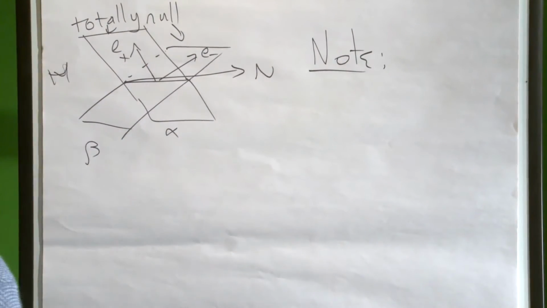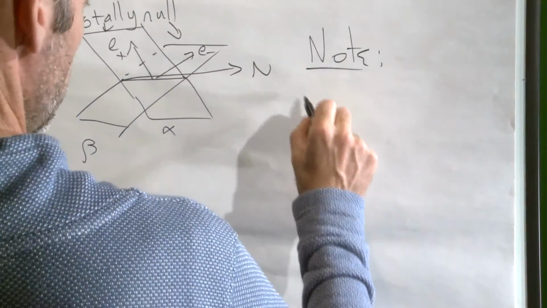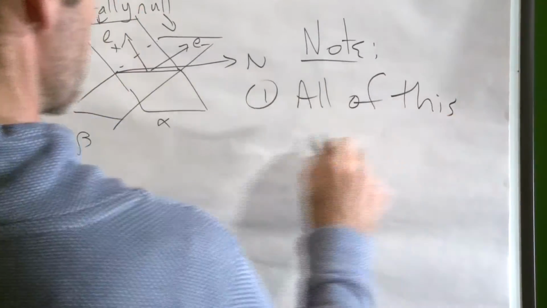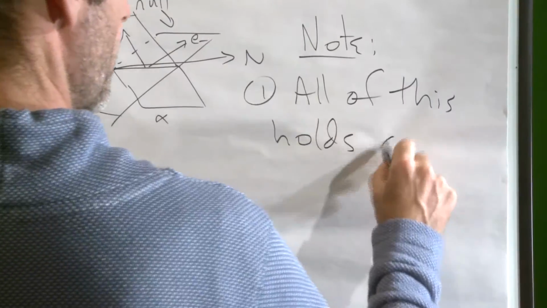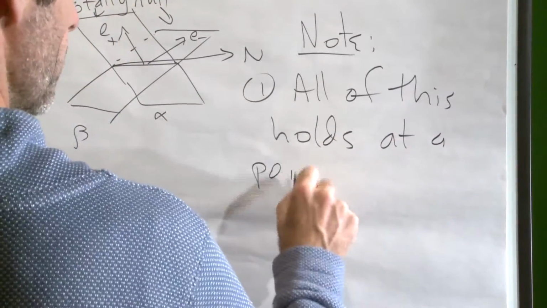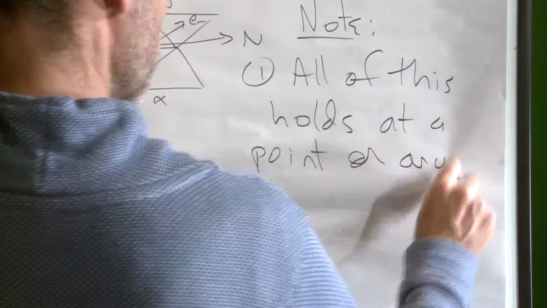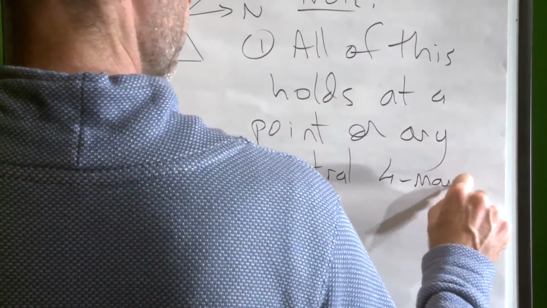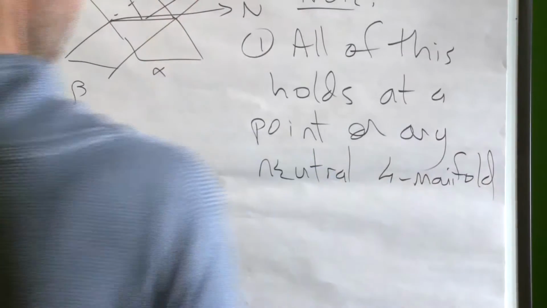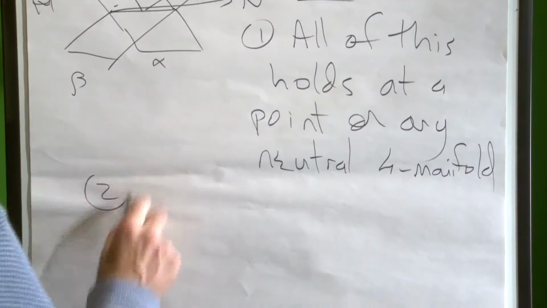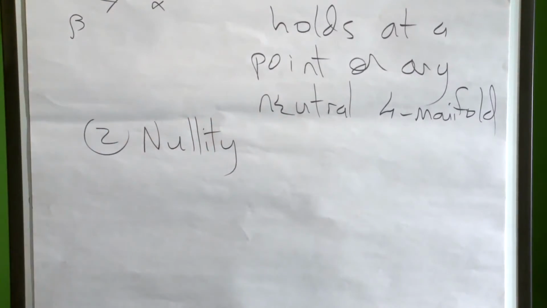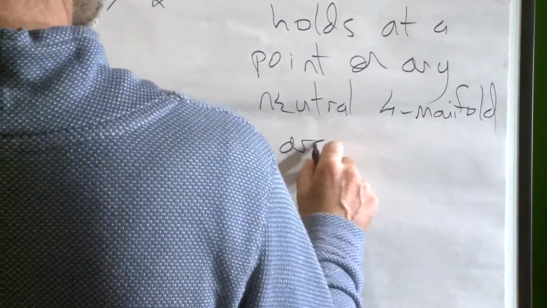We've done all of this in R^{2,2} or R^4, so the first thing is that all of this holds at a point on any neutral four-manifold. It's just linear algebra essentially. And the second thing is that nullity, these three different types of nullity that we've described, are conformally invariant.